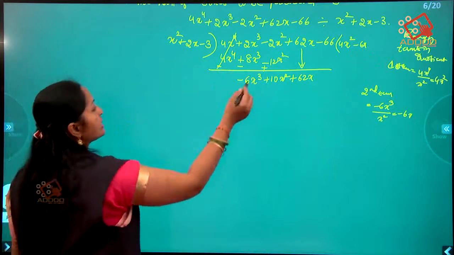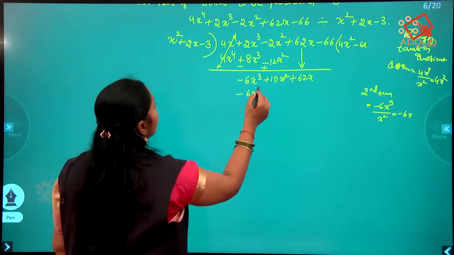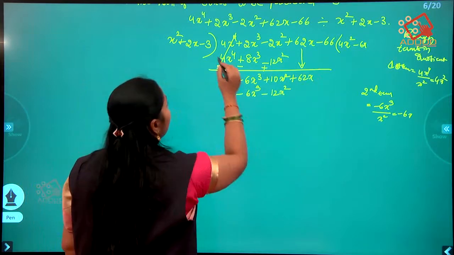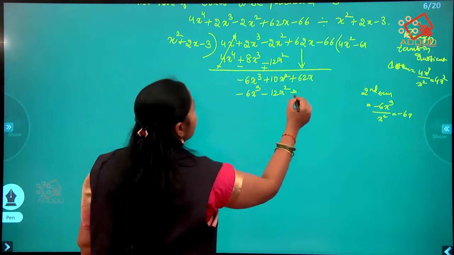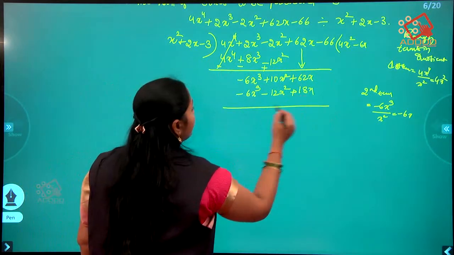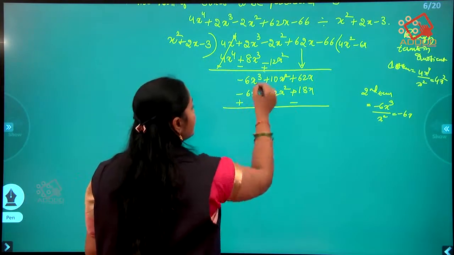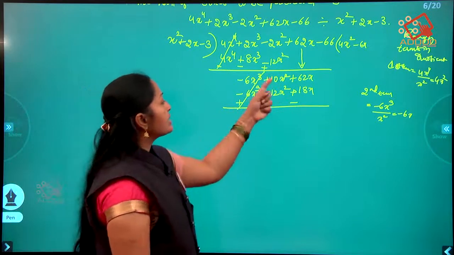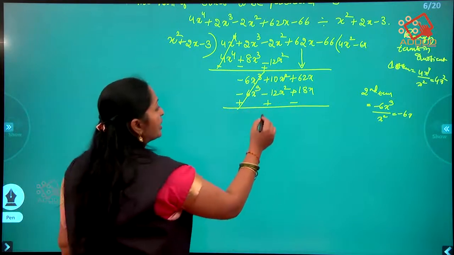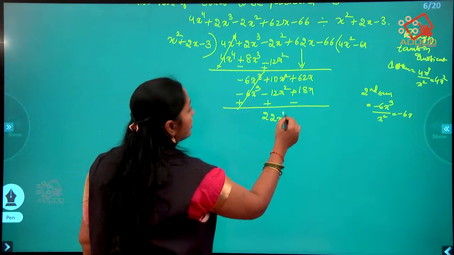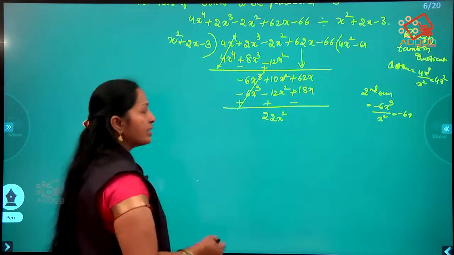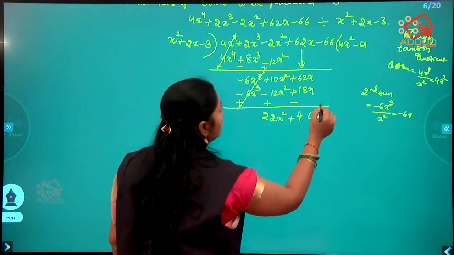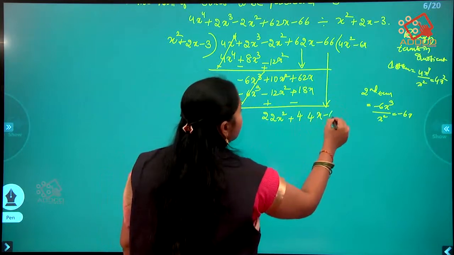So x square into minus 6x becomes minus 6x cube, plus 2x into minus 6x is minus 12x square, minus 3 into minus 6 is plus 18x. When we subtract, signs will be interchanged, and minus 6x cube and plus 6x cube will be cancelled. Now 10x square plus 12x square is 22x square, and 62x minus 18x is plus 44x, and take down one more term, minus 66.